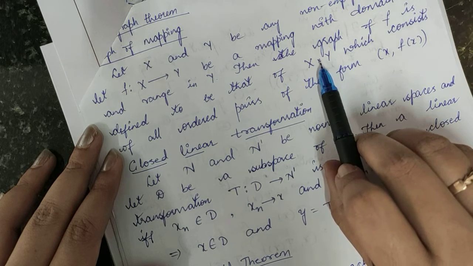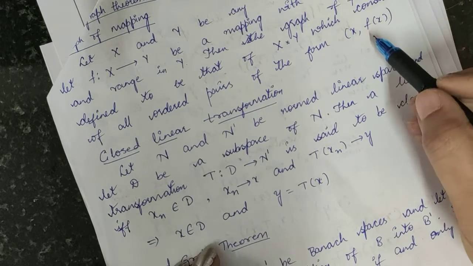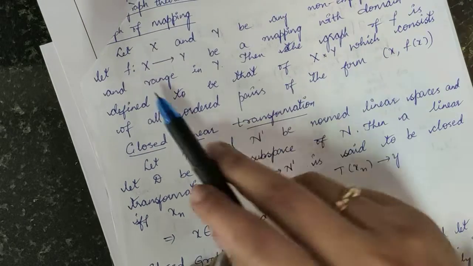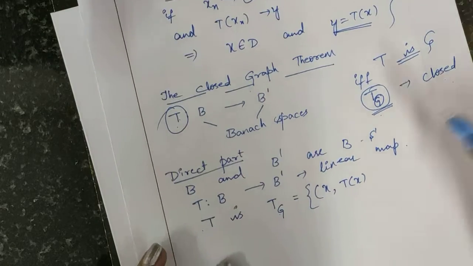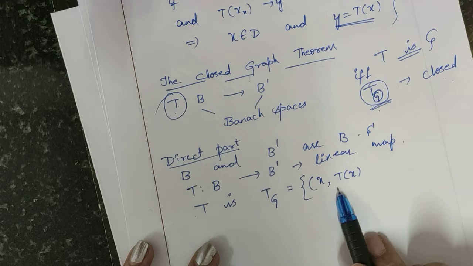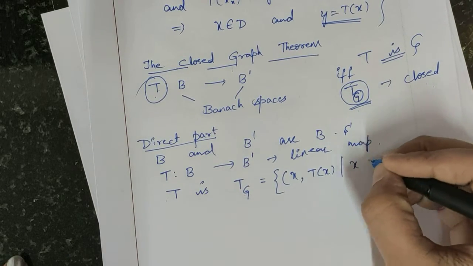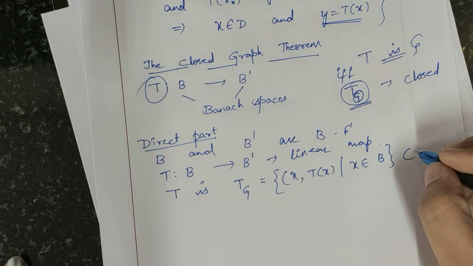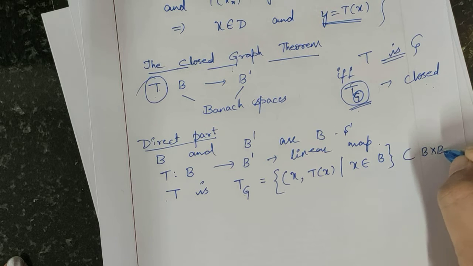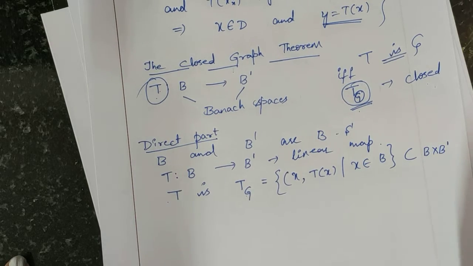And it will be in the form of ordered pairs, x comma f of x. Here the mapping is f, so x comma f of x. In this statement the mapping is T, so it will be in the form of x comma T of x, right? Such that x belongs to B. So I can write this is a subset of B cross B prime, the Cartesian product of B and B prime. This is again from the definition of graph of mapping.